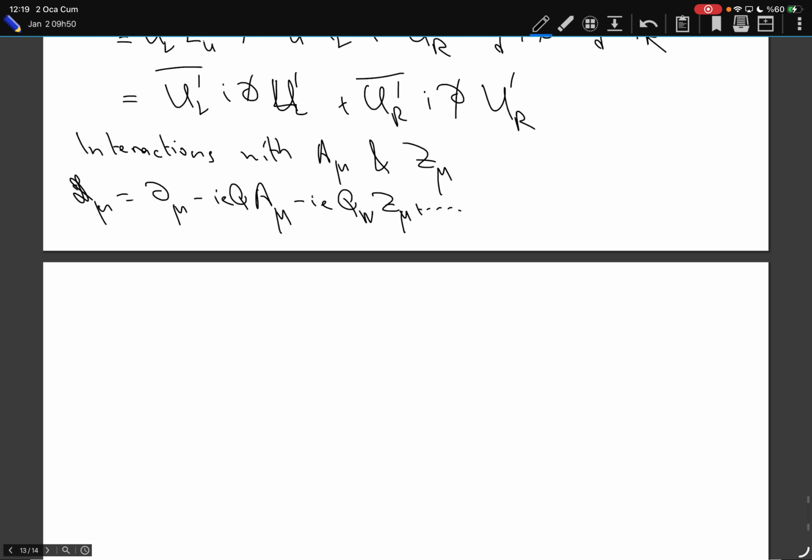This part I will write as del mu, diagonal part.